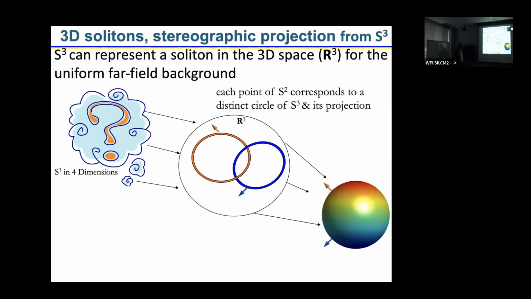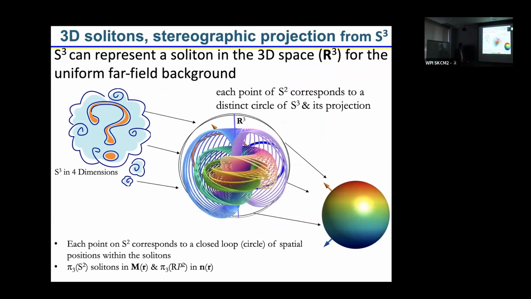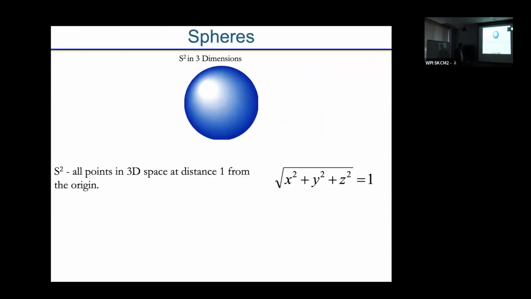So, as I already mentioned, the pre-images corresponding to different points are linked an integer number of times in R3 and S3. That linking number is the topological invariant uniquely characterizing that Hopfion topological solid.